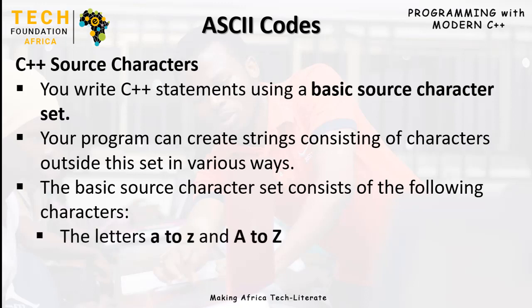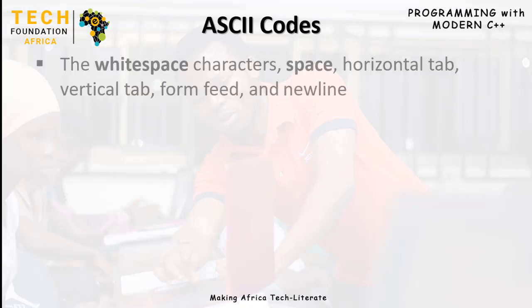The basic source character set consists of the following characters. First, we have the letters A to Z and capital A to Z. We have the digits 0 to 9. Then we have some white space characters, like the space, horizontal tab, vertical tab, form feed, and newline.